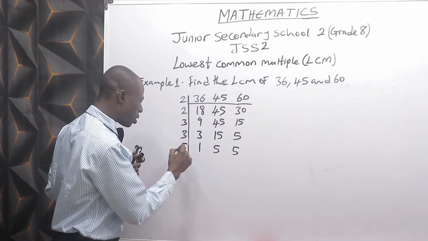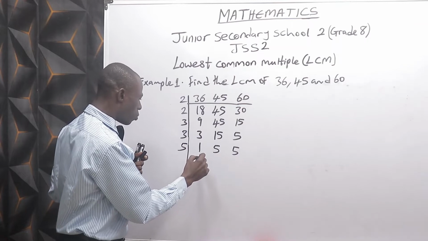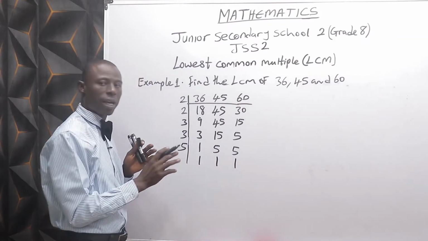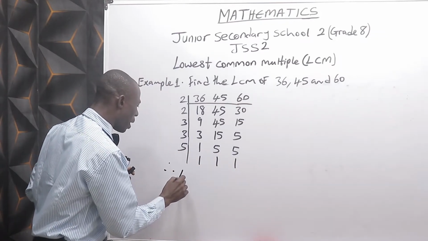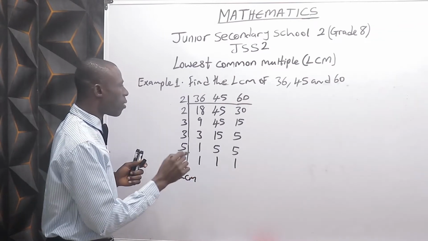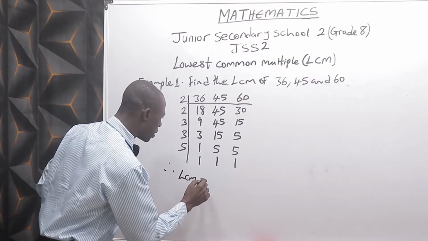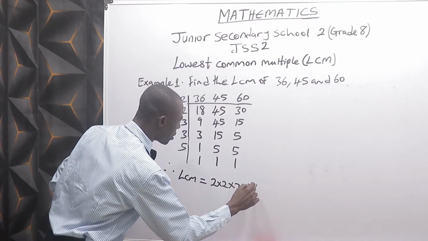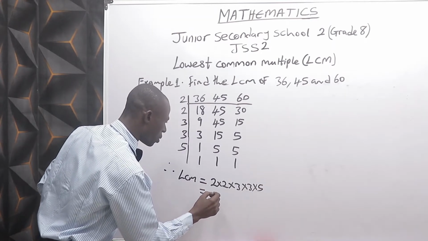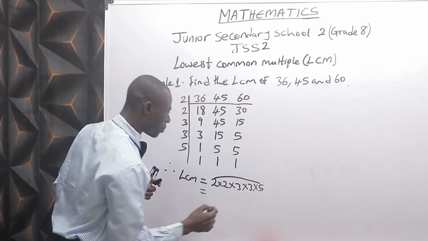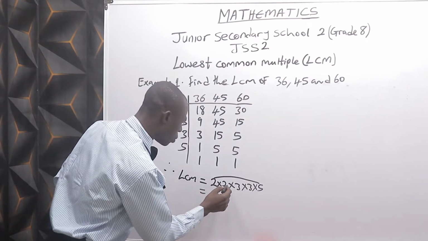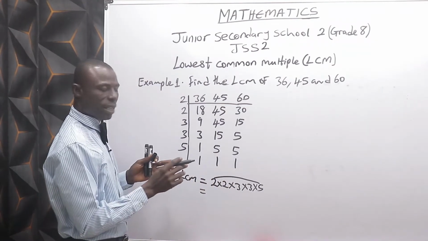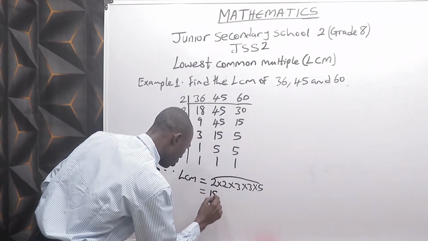The next prime factor is 5. 5 in 1, we repeat the 1. 5 in 5, 1. 5 in 5, 1. That's the end. Therefore, the LCM of 36, 45, and 60 is 2 times 2 times 3 times 3 times 5, which is: 2 times 5 is 10. 2 times 3 is 6. 6 times 3 is 18. 18 times 10, that is 180.